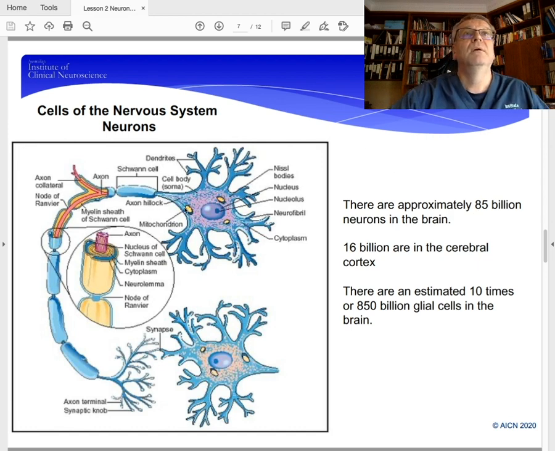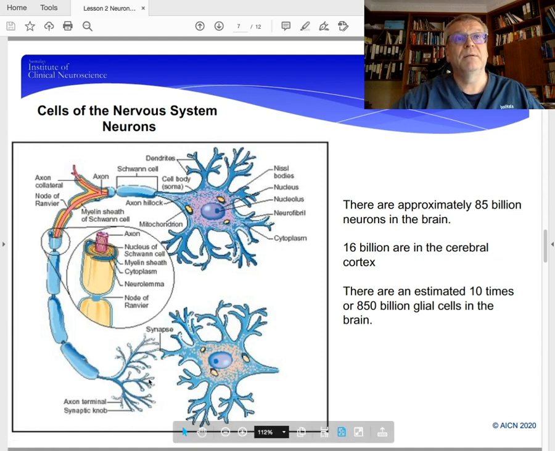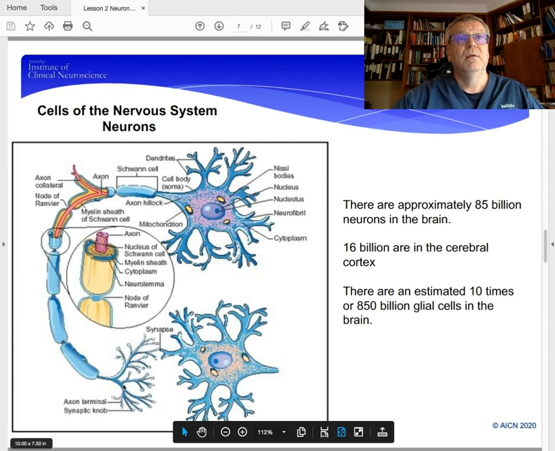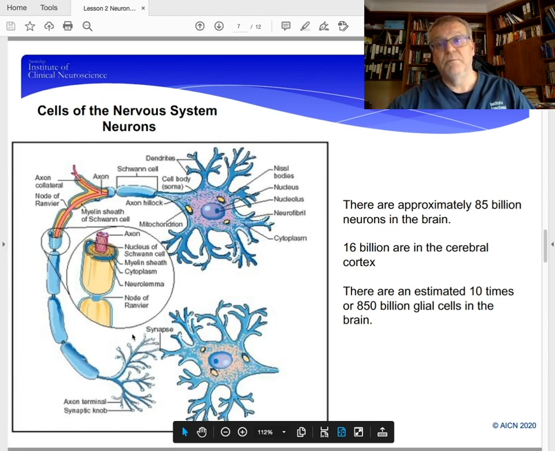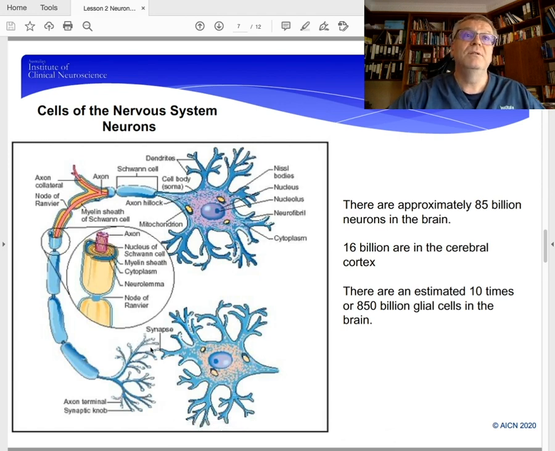Now this axon goes all the way down, and it ends in what's called a synaptic structure. Okay, so a synaptic terminal, axon terminal, whichever you prefer to use. And at the end of these axon terminals, the projection of one neuron will come very, very close to the projection of another neuron.